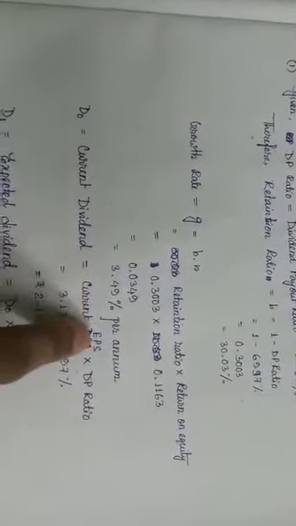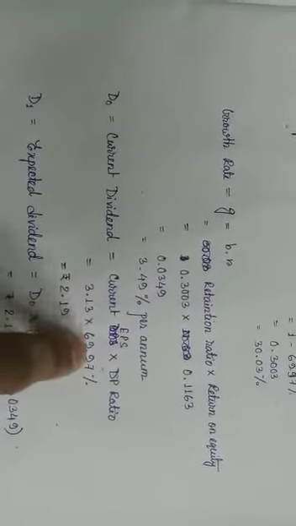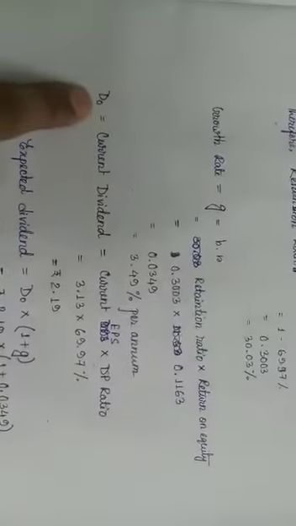So D0 is to be calculated by applying the formula current EPS into DP ratio. Here current EPS is 3.13, DP ratio is 69.97%. So D0, that means current dividend, comes to rupees 2.19.